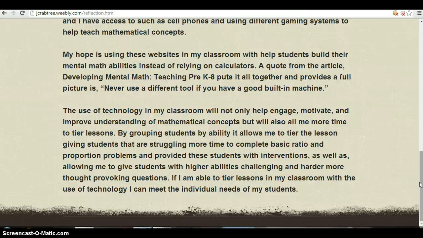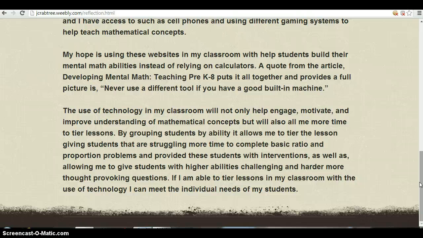So I look forward to being able to help support students who need more time and interventions and allowing higher ability level students to move on to challenging problems and have more thought-provoking questions. If I'm able to tier the lessons in my classroom with the use of technology, I can meet the individual needs of my students, which in all reality is the goal for each and every one of our students in each and every one of our classes.